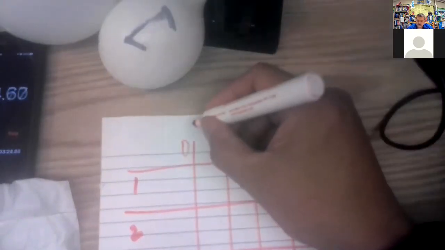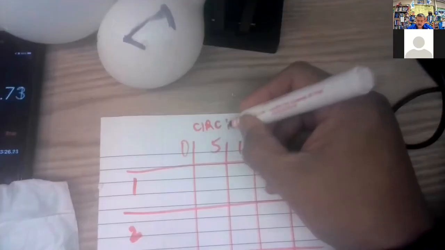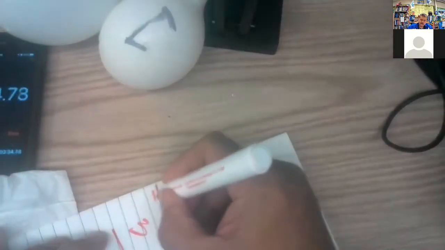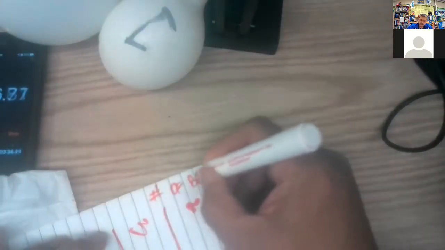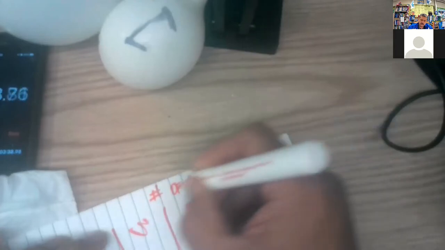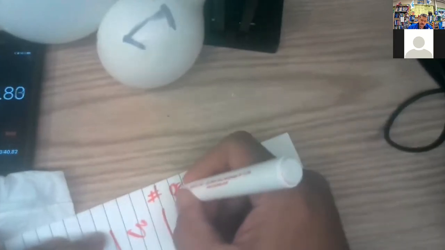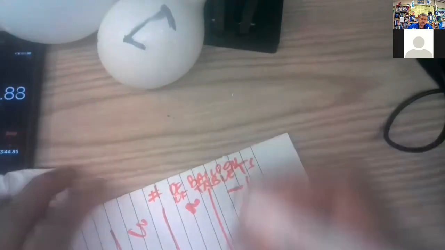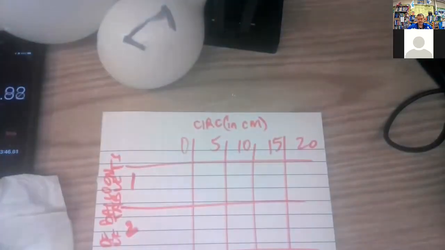So this is going to be the circumference in centimeters, and this is going to be the number of tablets.